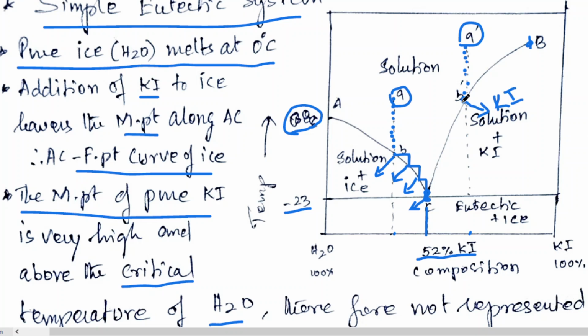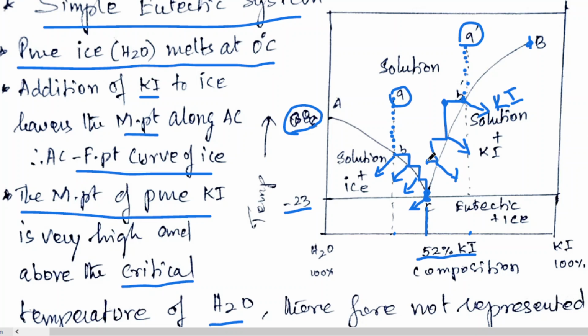And therefore the composition of potassium iodide will decrease and the water will increase, and therefore the system will shift here. Now I am further cooling. When it reaches this point, KI will get deposited. Since KI is deposited, the concentration of KI in the solution will decrease, and the water concentration will increase. A similar thing happens until it reaches this point.